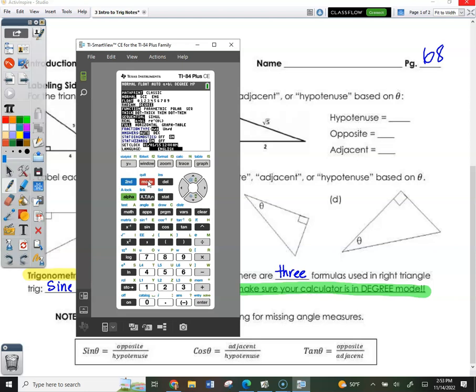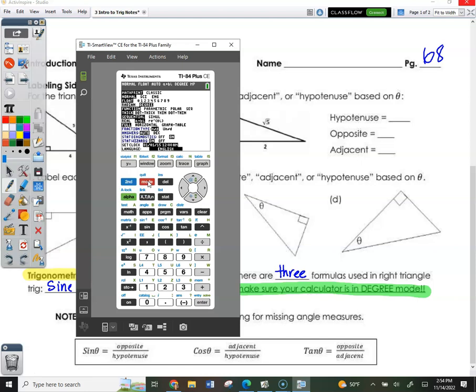You move the cursor to it and hit enter. And then you just can get out of it and clear it. You don't want to highlight it. Oh, you would change it to the other mode. There's only 2 options. Do we need to change it back? No, it needs to be in degree.